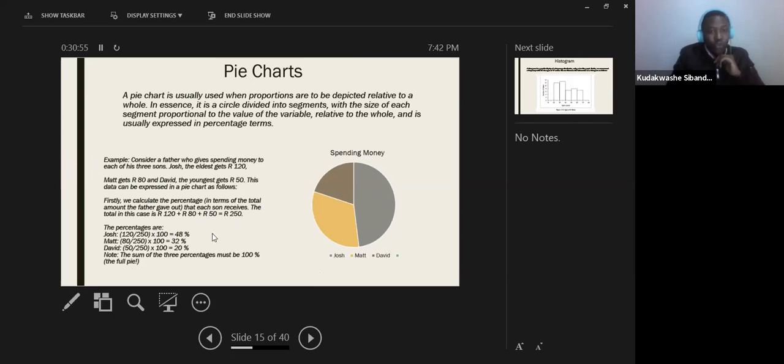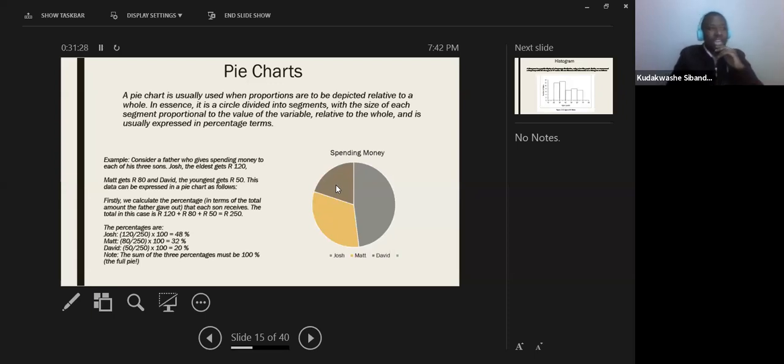So to find the percentage of Josh as a fraction of the whole amount, you say 120 over 250, and then you get 48%. This is this gray part there. And then Matt is 80 over 250. That gives you 32%, which is this yellow part. And then David got 50 out of 250, which is 20%, which is this brown part.